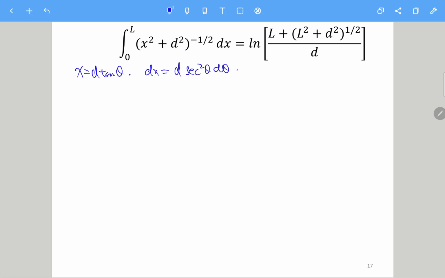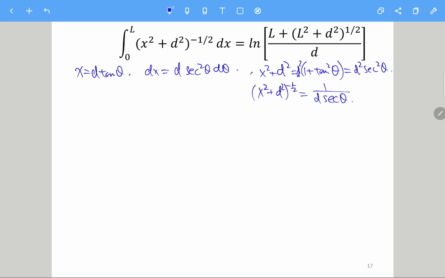Then x squared plus d squared will be d squared times 1 plus tangent squared theta, so it will be d squared secant squared theta. Taking this to the minus 1/2 power, it becomes 1 over d secant theta.